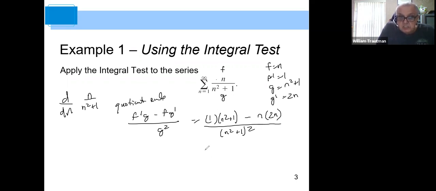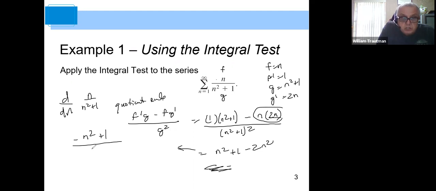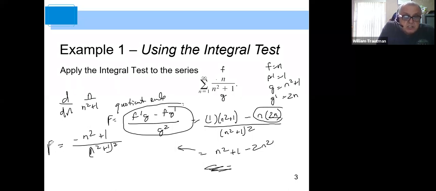When we look at this, the top becomes n squared plus 1 minus 2n squared. N squared minus 2n squared is a negative n squared, so we get negative n squared plus 1 all over n squared plus 1 squared. If this whole thing was the function, this is F prime, and this is a negative.